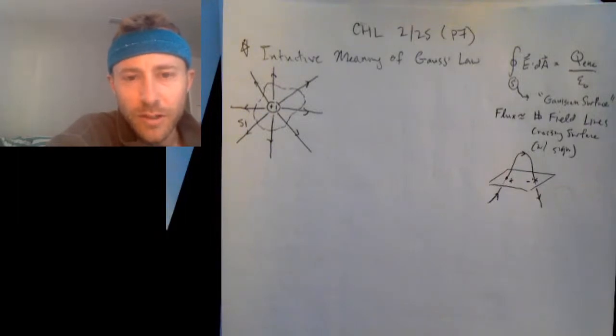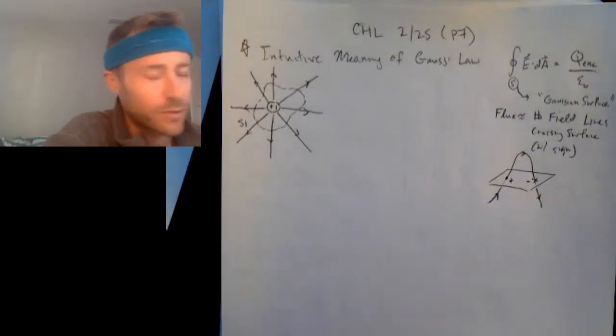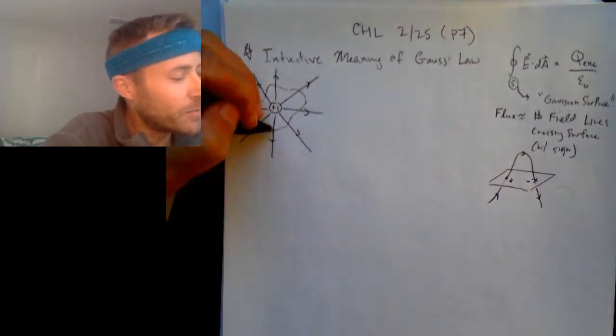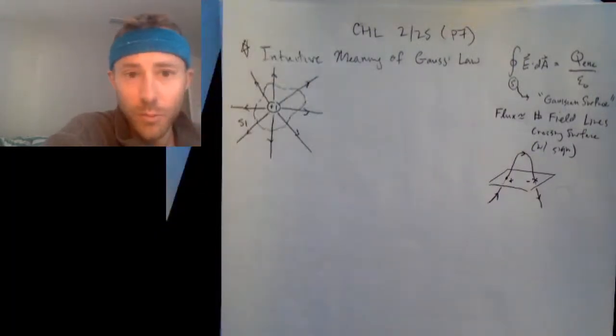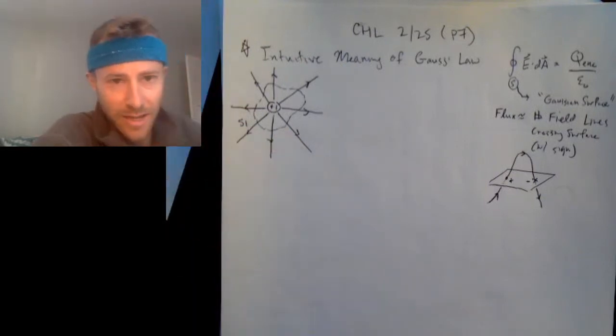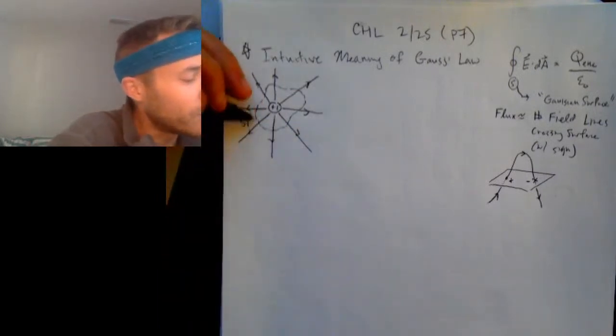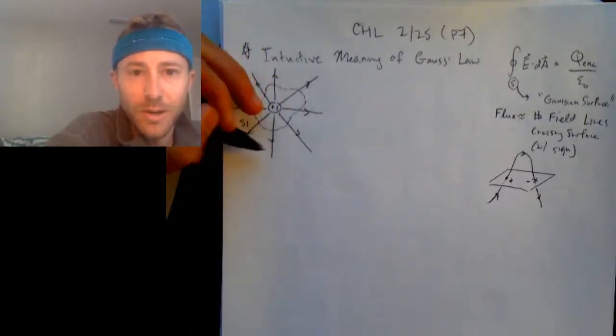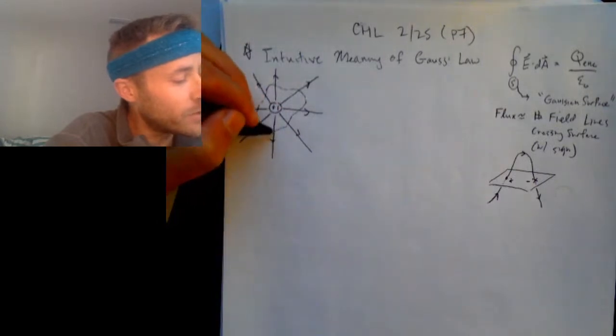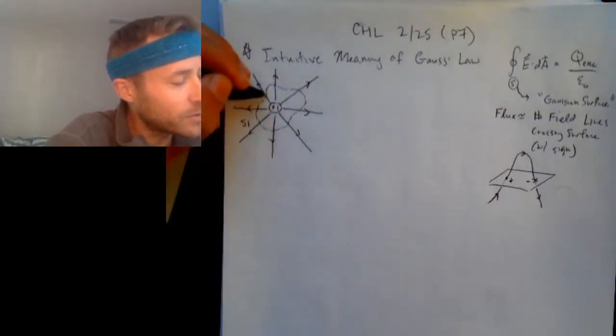What we can see is we're just going to count how many lines are passing through the surface, and we're going to do that with the sign. If it's going in, it's negative. If it's going out, it's positive. All these field lines are going out of the surface, so I have 1, 2, 3, 4, 5, 6, 7, 8.